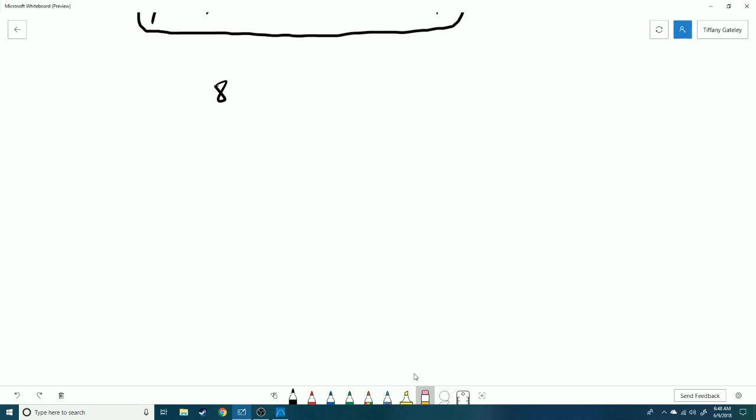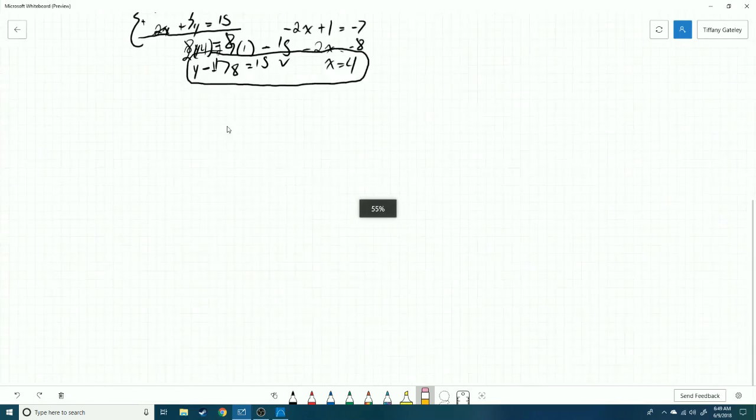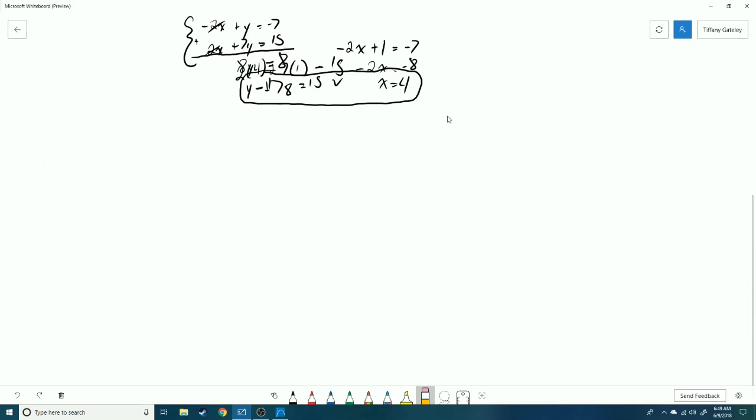Okay, so our next system of equations is x squared plus 3y equals 16, and 4x plus y equals 12.